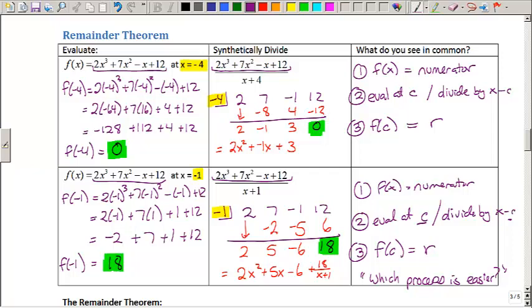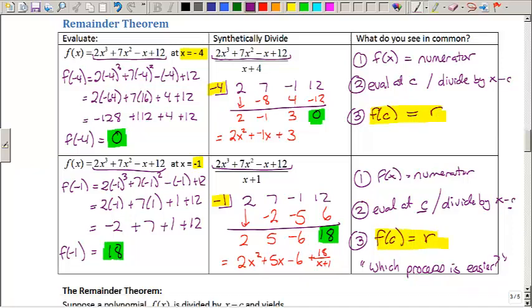Well, we have just explored a little bit about the remainder theorem, but let's actually define it. The remainder theorem really is identifying that f of c turns out to be the remainder as long as you're dividing by the same c.